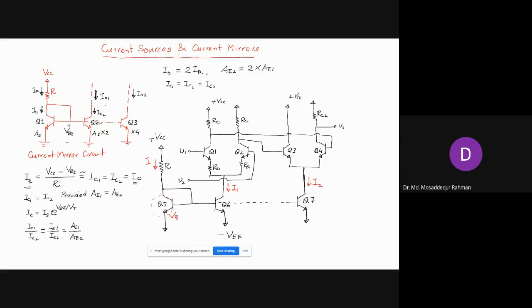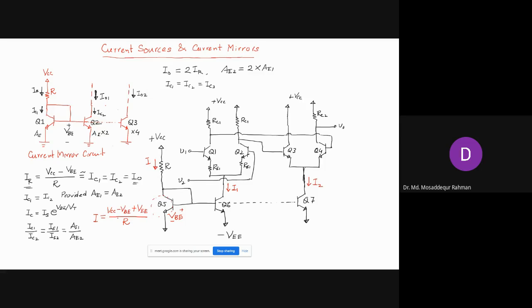So if the voltage drop here is VBE, then I we can write as VCC minus VBE, and then we have minus VEE, so minus becomes plus VEE, and that divided by R.